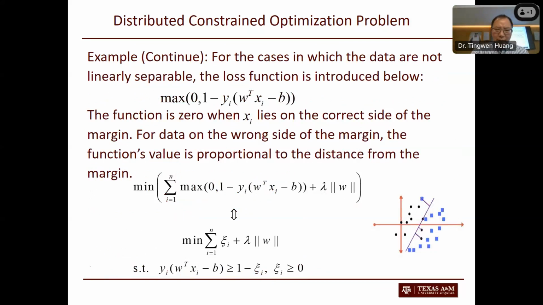Now, for the cases in which the data are not linearly separable, the loss function is introduced as the following function. The function is 0 when xi lies on the correct side of the margin. For data on the wrong side of the margin, the function's value is proportional to the distance from the margin. So basically, this is converted to the following mathematical problem.